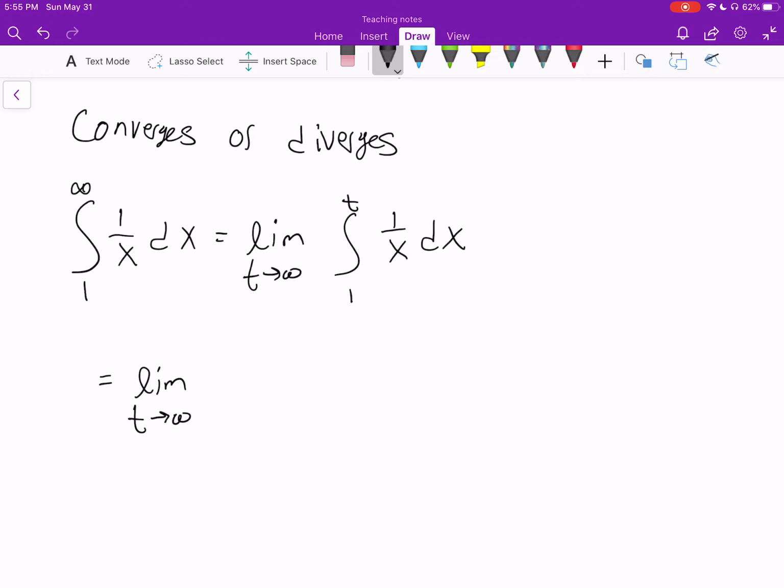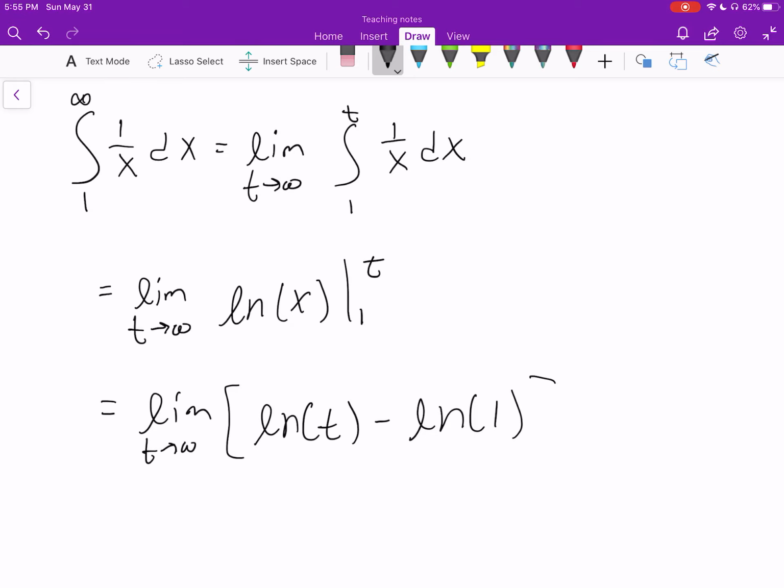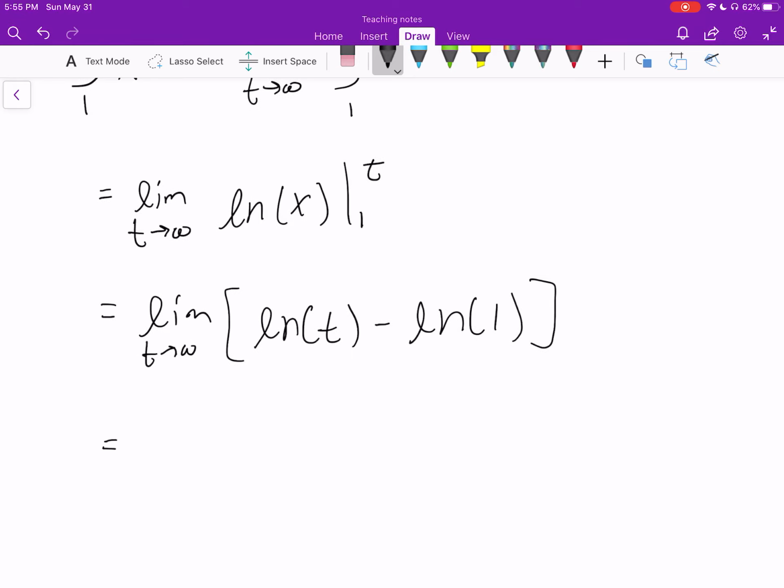Okay, so then this is equal to the limit as t approaches infinity. Let's find the antiderivative for this. We know this one. This is ln of x evaluated from 1 to t. I'm going to drop the absolute value because we're talking about positive values here, so we don't even need to worry about the absolute values. So just evaluate now. This is the limit as t approaches infinity of ln of t minus ln of 1. Sorry, ln of t.